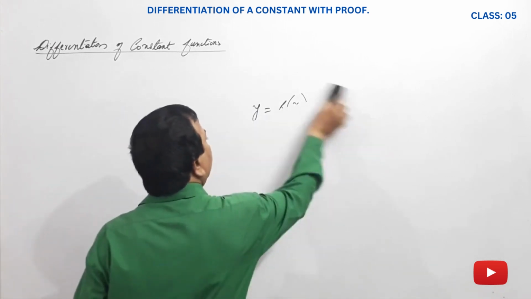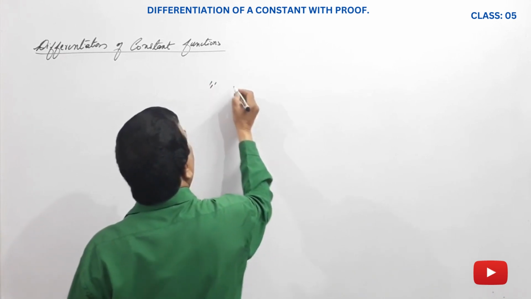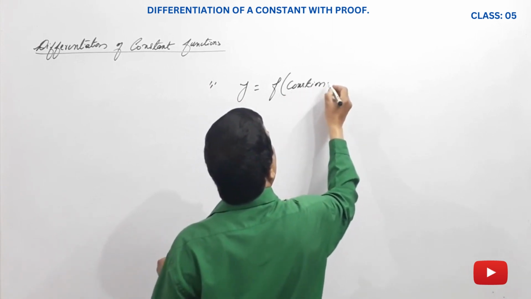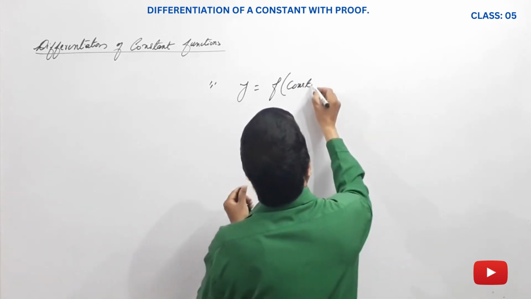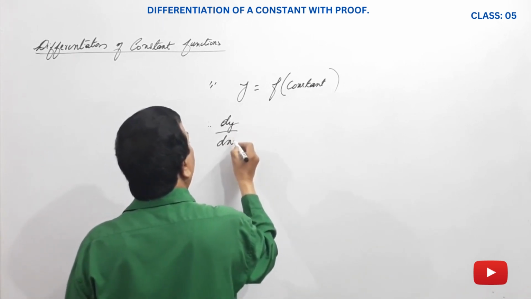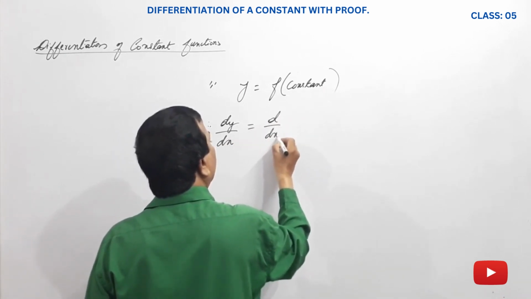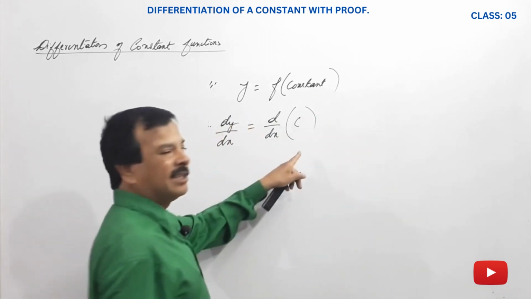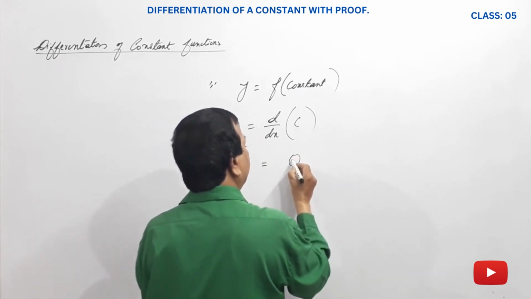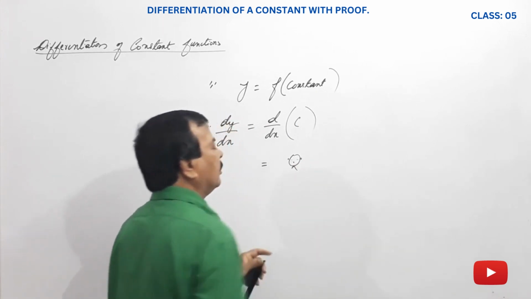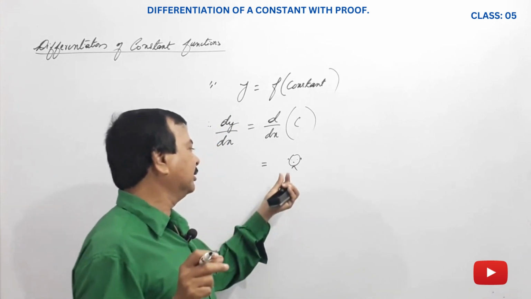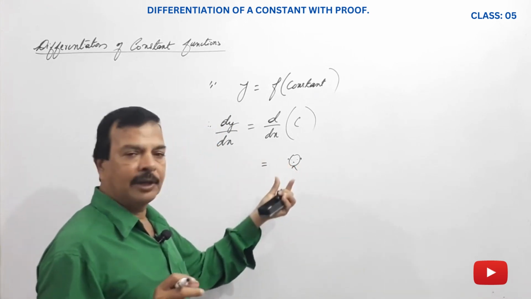So, y equals f of x, a constant. Therefore, dy by dx equals d by dx of a constant, which I represent as c, so the answer is 0.